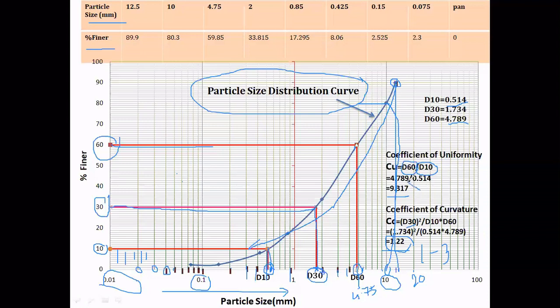Now, coming to your Cu part, if your Cu range is more than 4, it will be well graded gravel, and if your Cu is more than 6, it will represent well graded sand. Let me tell you, well graded and uniformly graded are one and the same thing. So likewise, we have performed the experiment of sieve analysis and we have classified the soil.